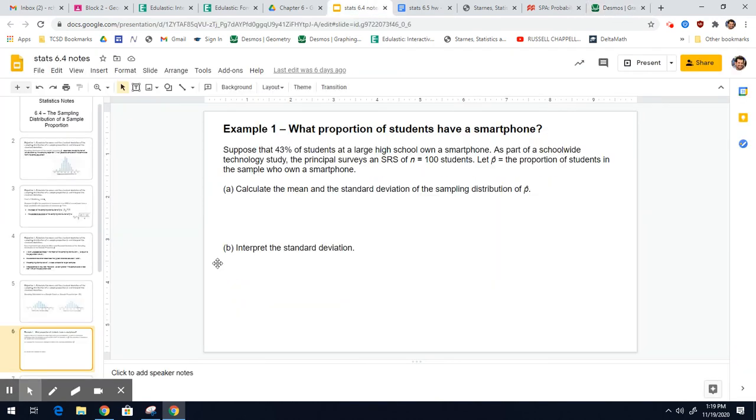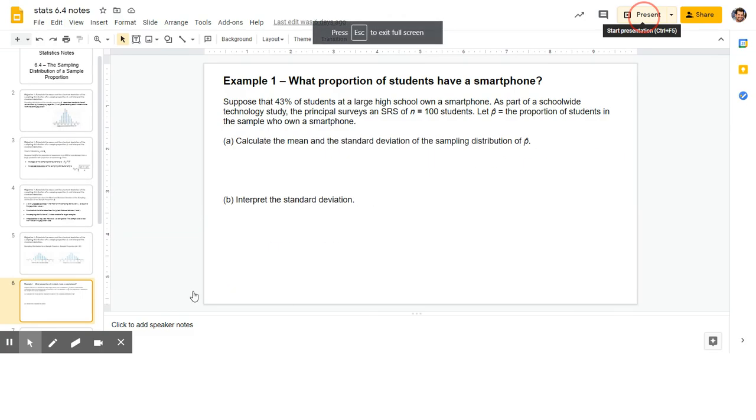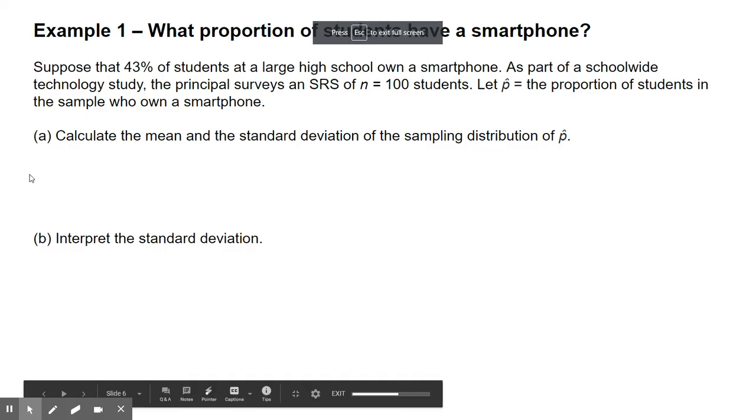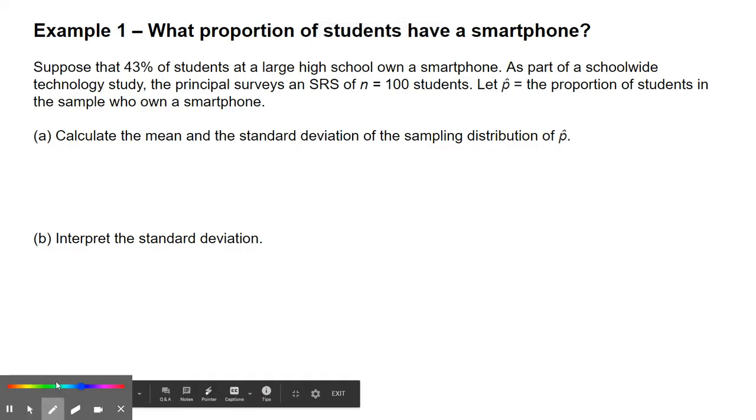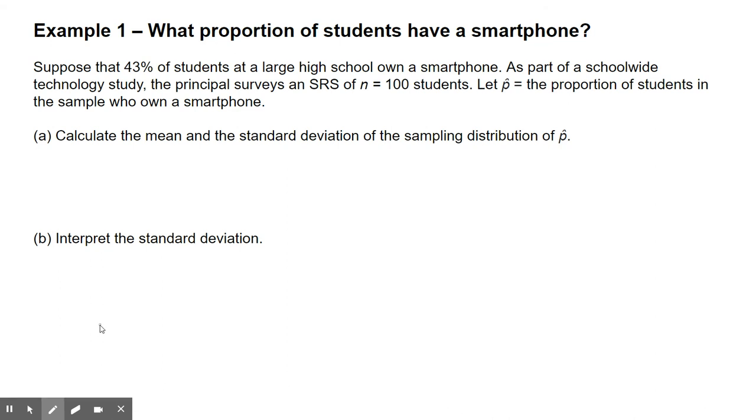Okay, so now let's talk about interpreting the standard deviations. How are we going to interpret it? Well, it's going to start off very much like we did last time. We're going to use that definition of a sampling distribution to talk about all possible samples. So who is taking these samples? It's the principal.